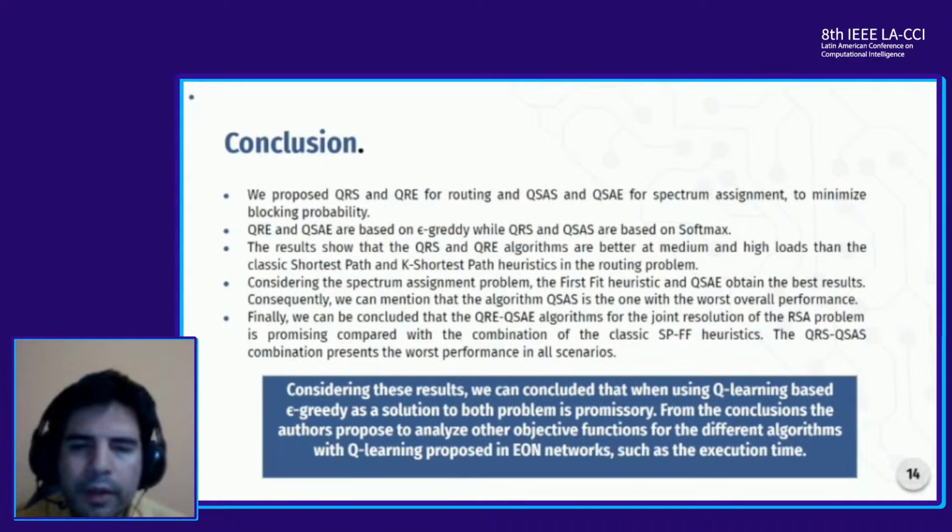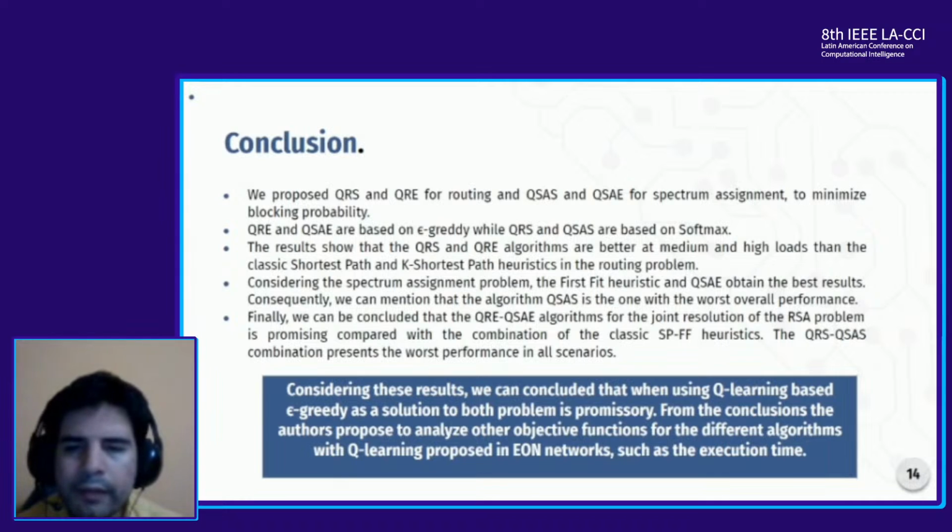Considering these results, we can conclude that using Q-learning based epsilon greedy as a solution to both problems is promising.